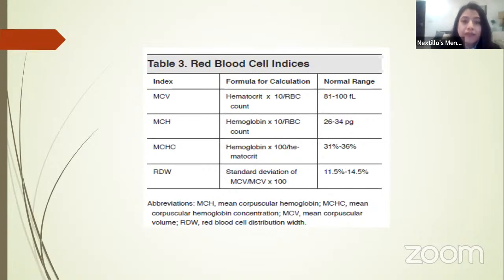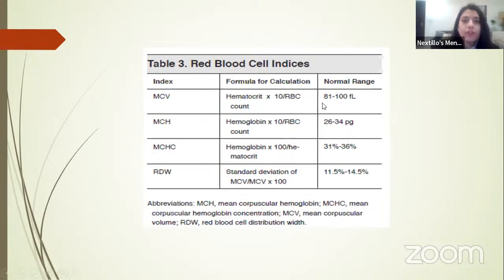That means the average volume of the RBC that we see in that particular sample. You also need to know the normal ranges so that you can determine whether the value for the particular patient is less than the normal range or more than the normal range. And depending on that, you can classify the blood as microcytic or macrocytic.